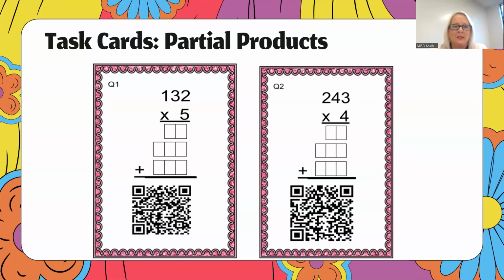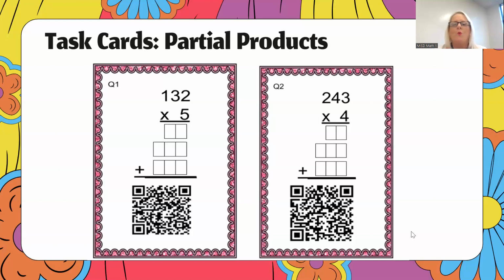With these task cards, if you have students who are struggling with the partial products, but they did a real good job with the area model, let them draw the area model on their dry erase board in order to do 2 times 5 is 10. And in order to see that this is 30 times 5, not 3 times 5, 30 times 5 is 150, and 100 times 5 is 500. And then they're going to add those up and use their QR code and see if they got the right answer on those task cards.